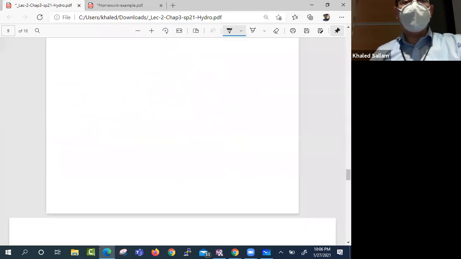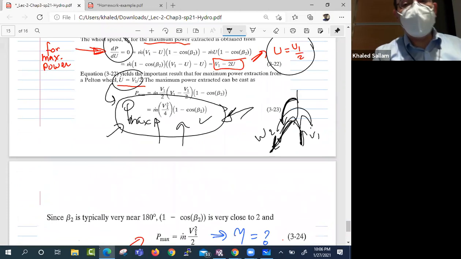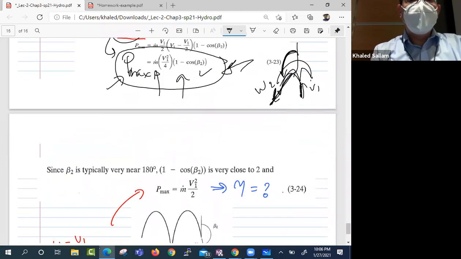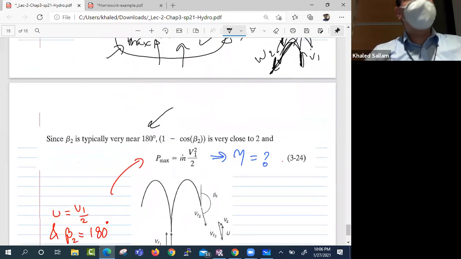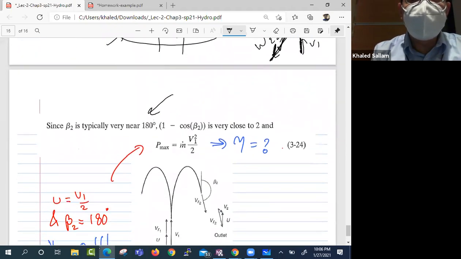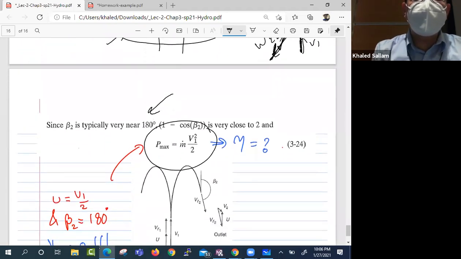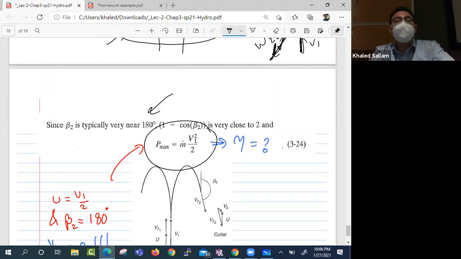Okay, and so that's why the equation is 1 minus cosine beta 2. If you make it 180, that would be the dream. If you set beta equal to 180, that would be 1 minus minus 1, which makes it 2, which then makes the power m dot V1 squared over 2.